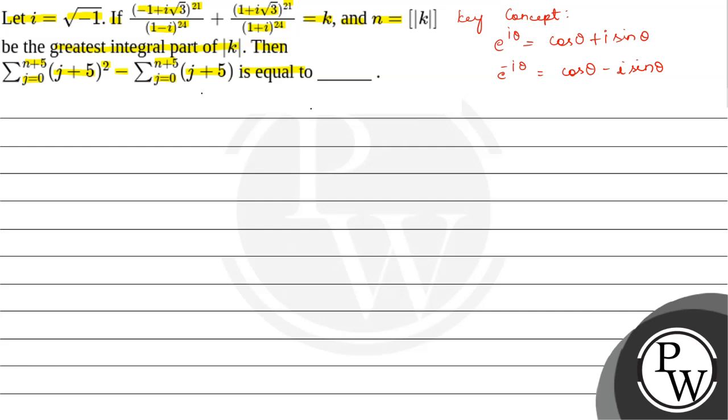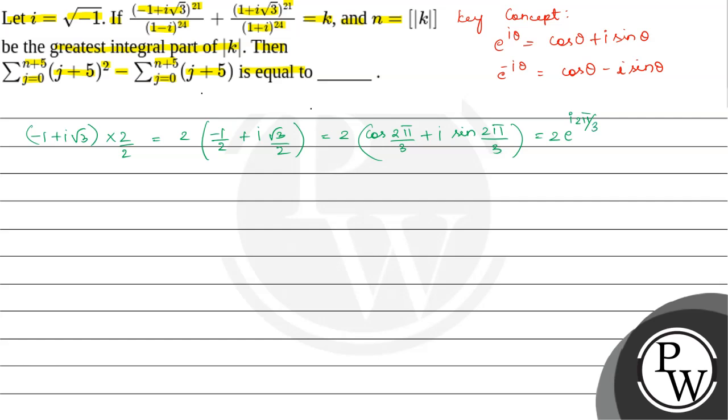Here we have -1 + i√3. If we multiply and divide by 2, we get 2 into (-1/2 + i√3/2). This can be written as 2 into (cos 2π/3 + i sin 2π/3), which is equal to 2 e^(i2π/3).